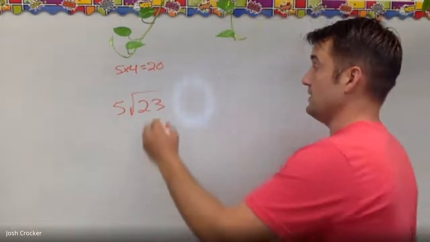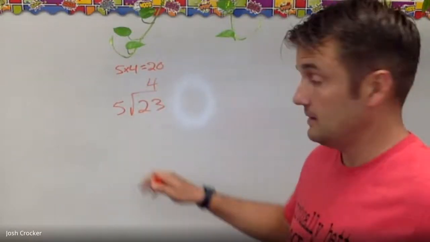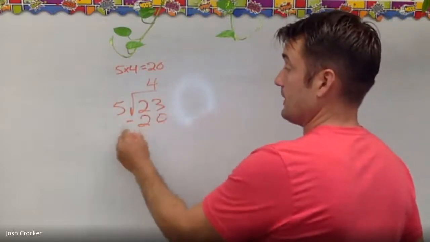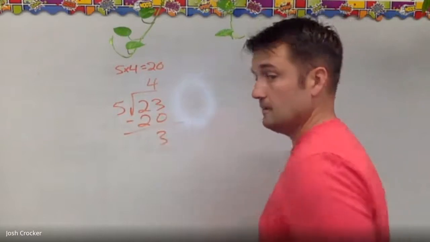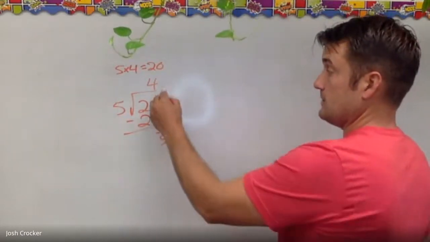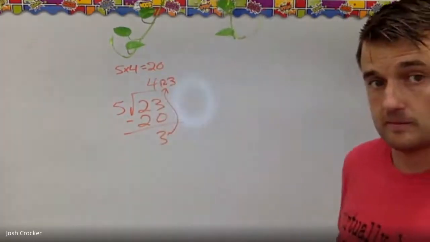So if I do just like I have been, 5 times 4 is 20. I subtract, I get 3 again, and then there's nothing else to bring down, so this becomes remainder 3. Okay?